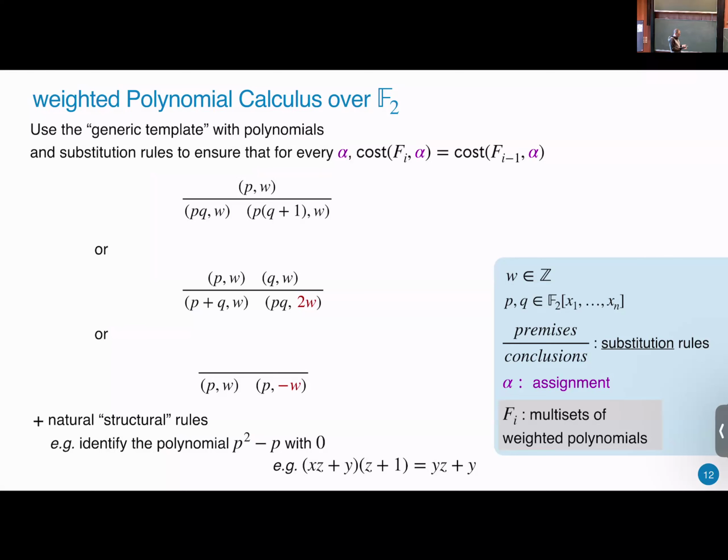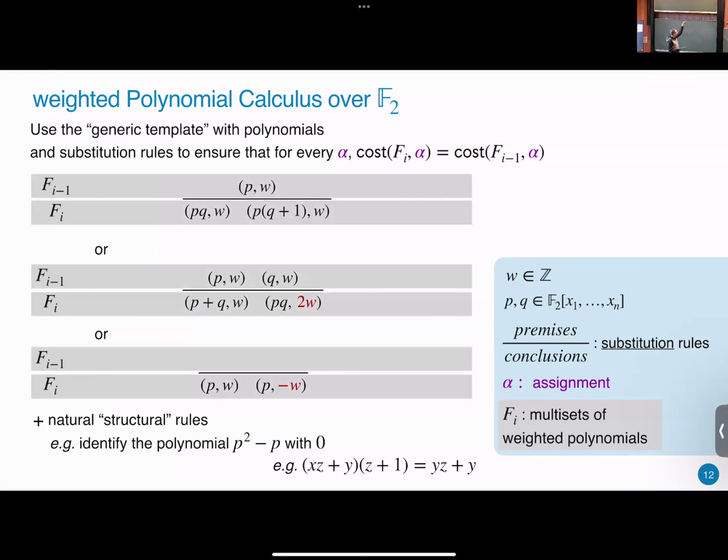So it's using the same template. From one time step to the next, and now there are these substitution rules. I will go back to why they are sound, that is, cost preserving. For the moment, I don't want to make general comments on the rules, which are redundant for the weights that are in Z. And also there are structural rules about how the weight behaves like before, like weighted resolution.